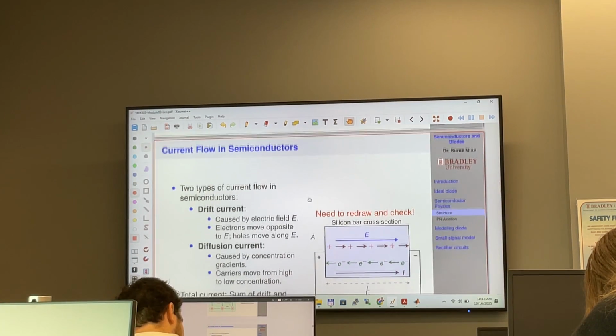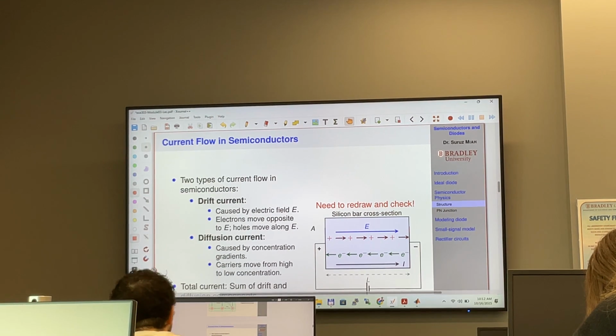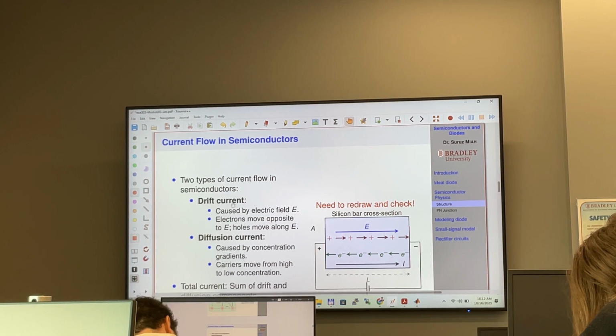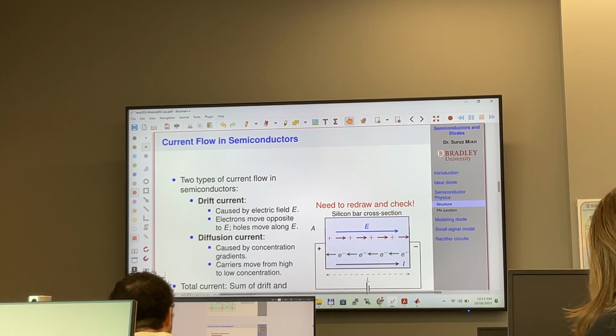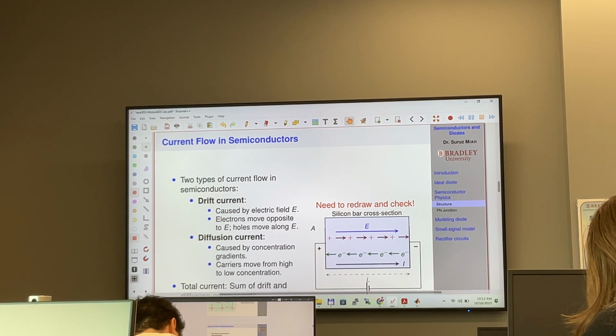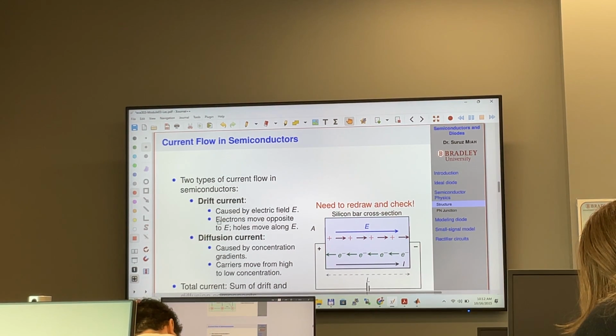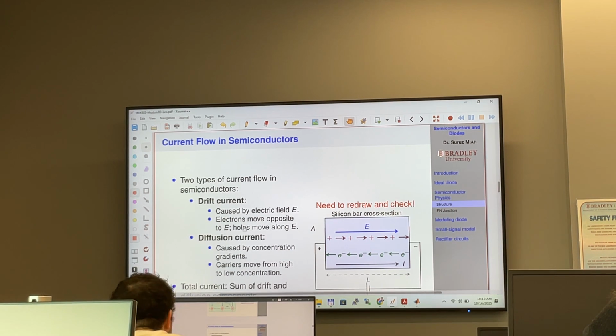Now, current flow in semiconductor. We have two types of current flow in semiconductor. One is called drift current. Drift current is caused by the electric field. Electrons move opposite to the electric field, and holes move along the electric field.